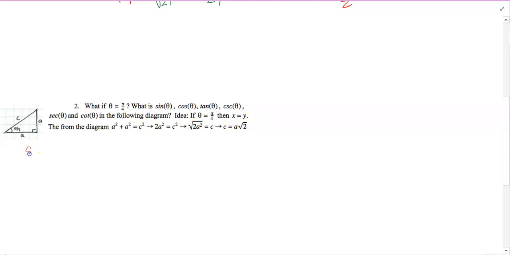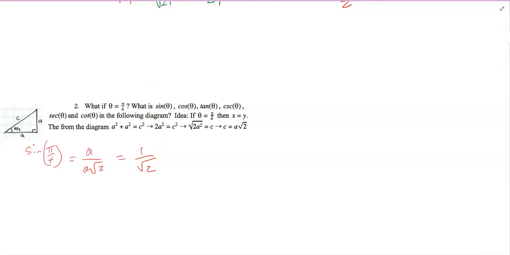Now I want to find the sine of pi over 4. And we know that c was a root 2. Opposite over hypotenuse is going to be a over a radical 2. So it's going to be 1 over radical 2.